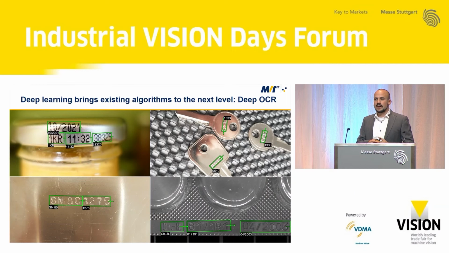OCR is a topic which is widely known in machine vision, and there have been algorithms out there already, and this is one example in which we integrated deep learning to provide a functionality called Deep OCR. No matter what kind of font type, what kind of printing style you have, there's one deep learning model which can read this text, independent of the orientation, as you can see in one of these images.